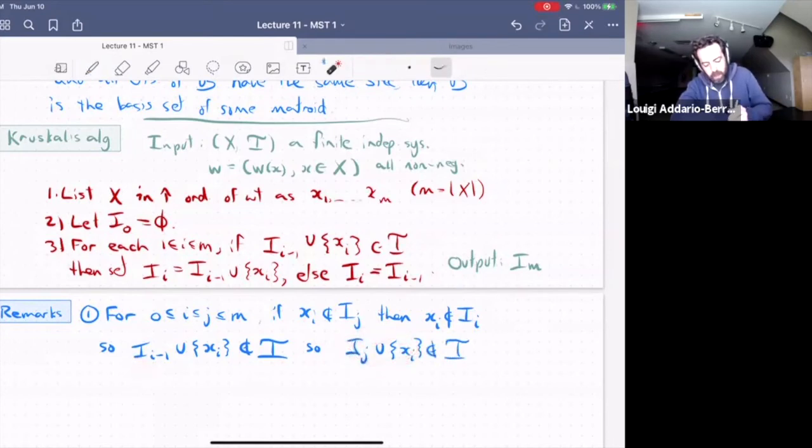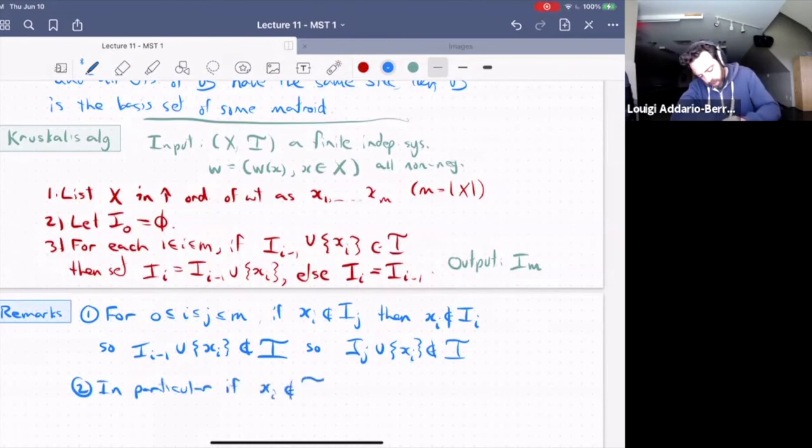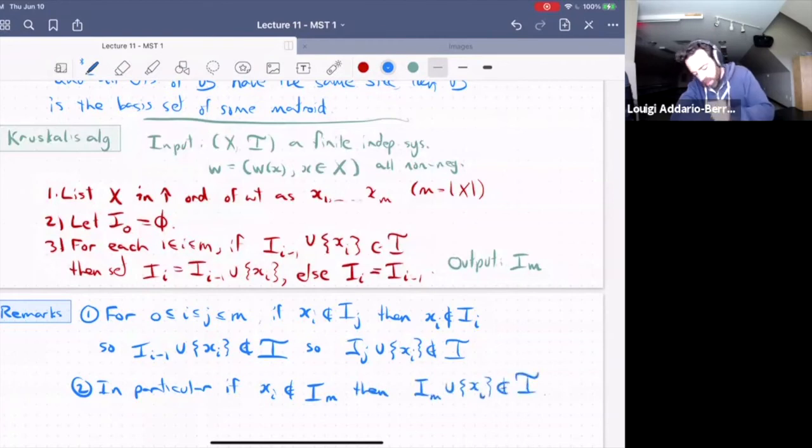If this were in I, then by downward closure, this would also be in I. So in particular, if xi is not an element of the output of Kruskal's algorithm, taking j equals m, we can't add xi to the output and get an independent set. So Im union xi is not an independent set.